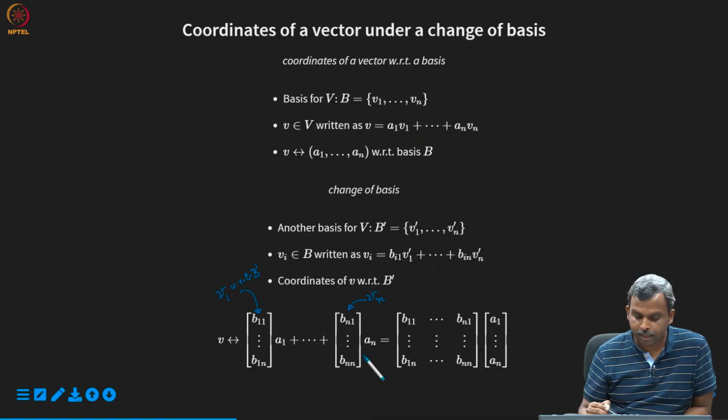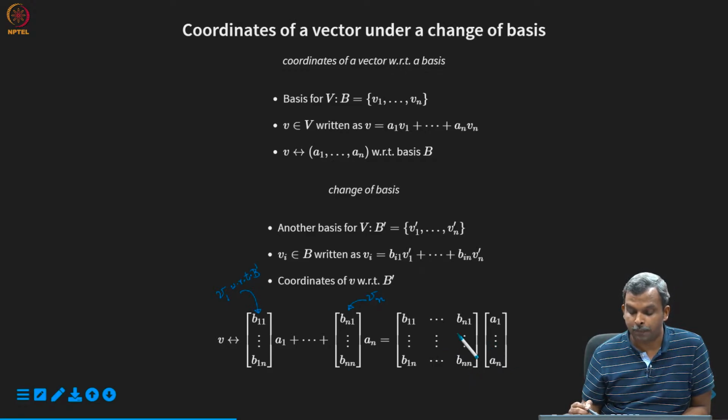Now this product of a column vector multiplied by a scalar on the right and added up can be conveniently represented as a matrix product. So you get this matrix times the original coordinates.